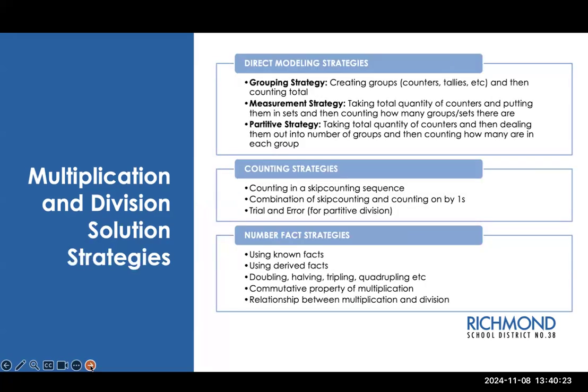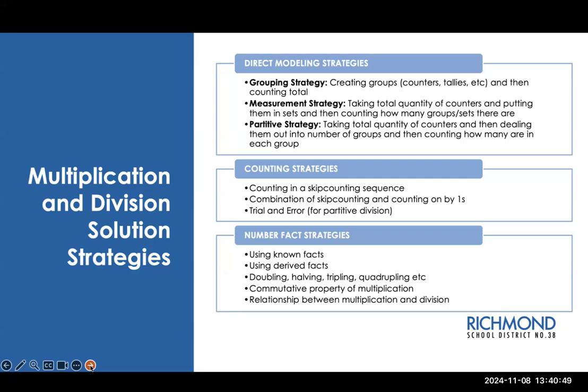So thinking about the solution strategies, the strategies that students move through as they're thinking about multiplication and division problems, for direct modeling, they might put groups for the cookies. They might have their 5 groups and put 3 in each group, and then count up how many they have. So that has some counting, but it's actually direct modeling, the grouping with the materials or with tally marks.